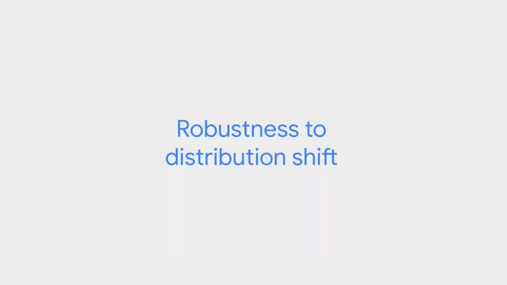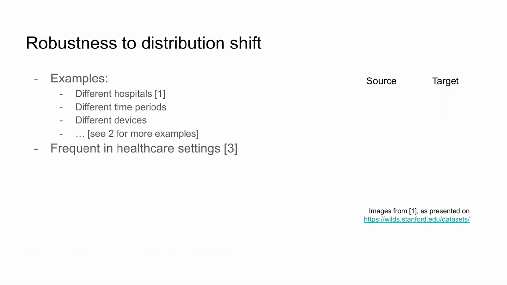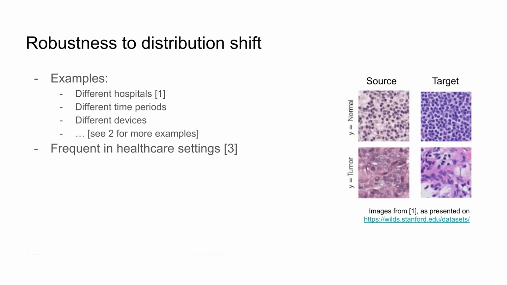So these two are clear examples of what we would consider when thinking about robustness to distribution shift. We have one setup and we want to think about other different types of setup. Other examples would include different hospitals, and this is the image that you have here on the right.